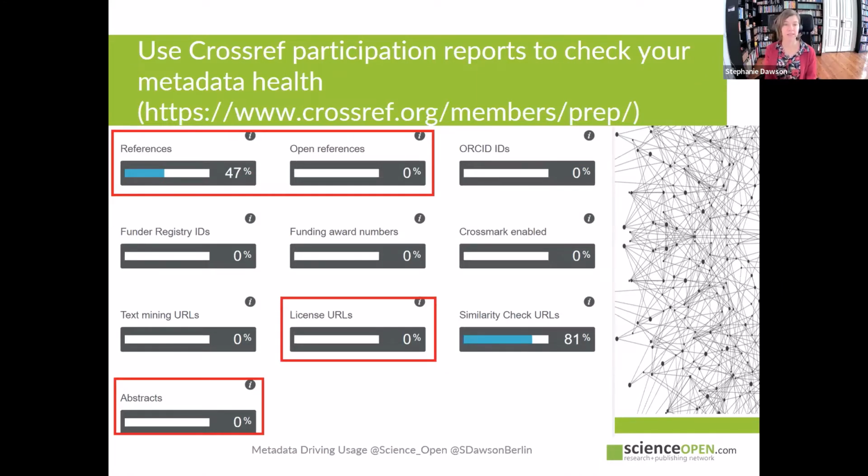And you can see what percentage of your content has references, open references, ORCID IDs, license URLs, abstracts. Or you can just browse on the ScienceOpen platform and see what your journal metadata looks like in the wild.